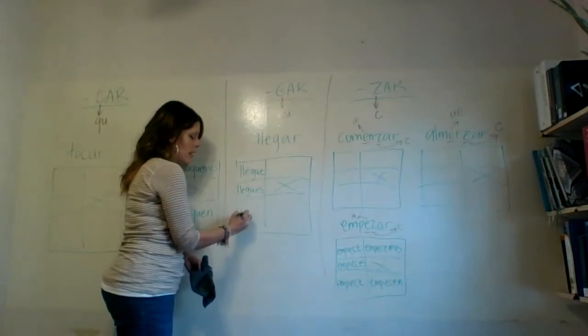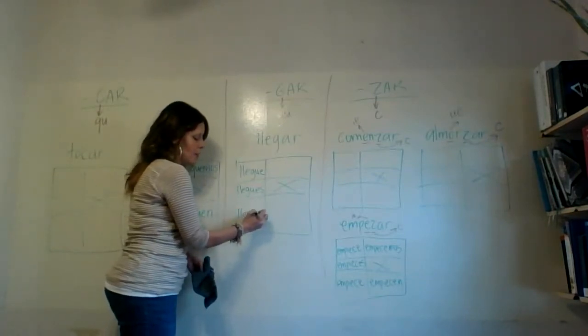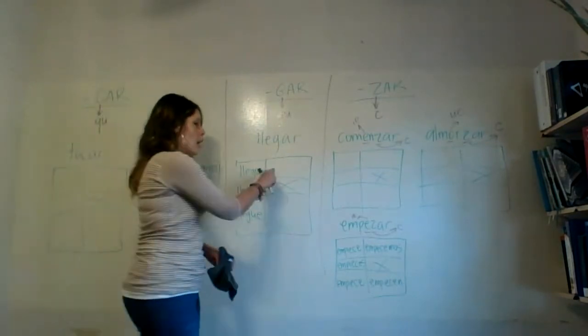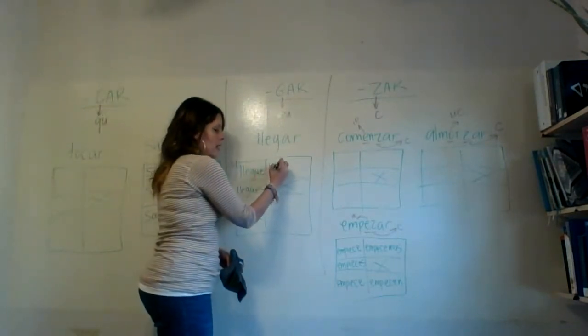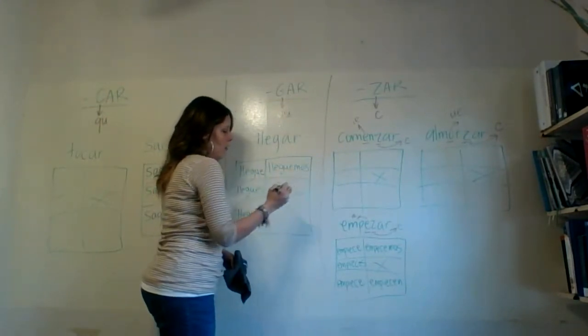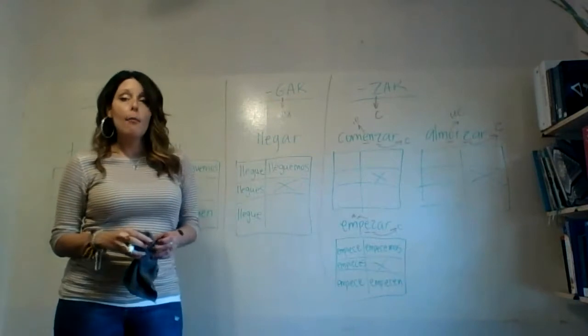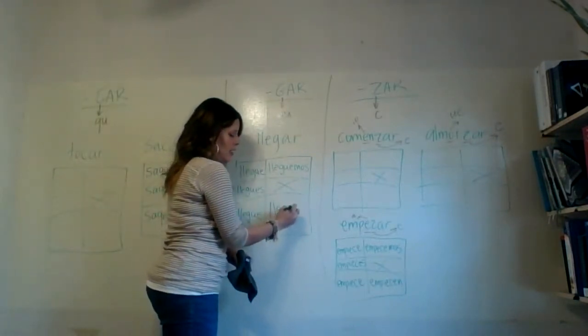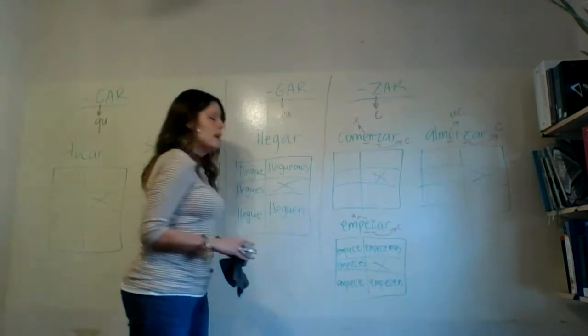Down here, L, L, E, G, U, E. Llegue, again. Up here, L, L, E, G, U, E, M, O, S. Lleguemos. And down here, L, L, E, G, U, E, N, lleguen.